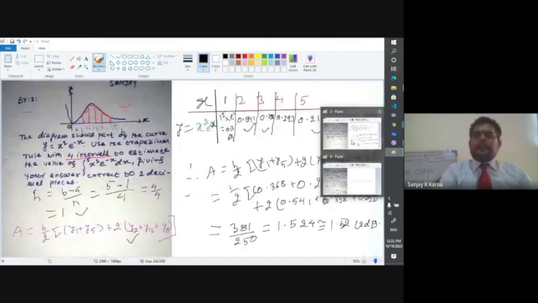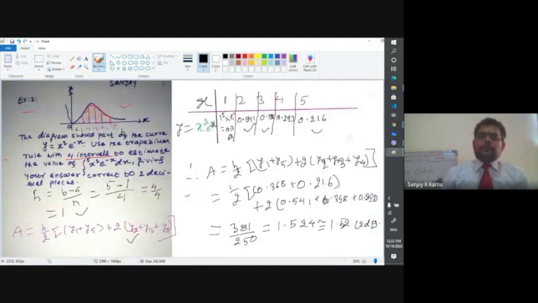And now by using the trapezium rule, our value is like this. So you compare this value with the other value 1.59 by the direct integration method. You'll see there is a little difference between these two values.